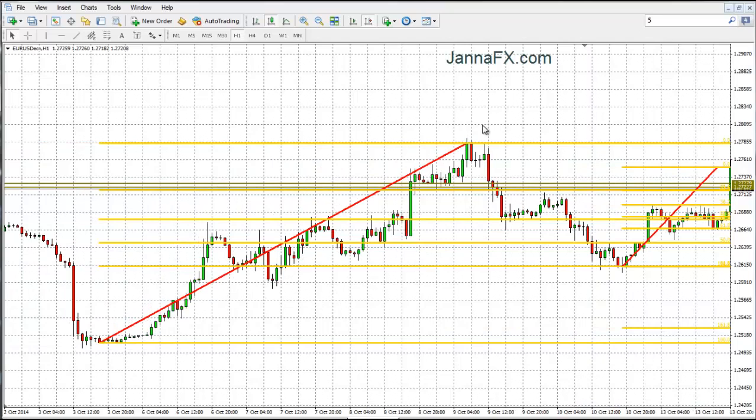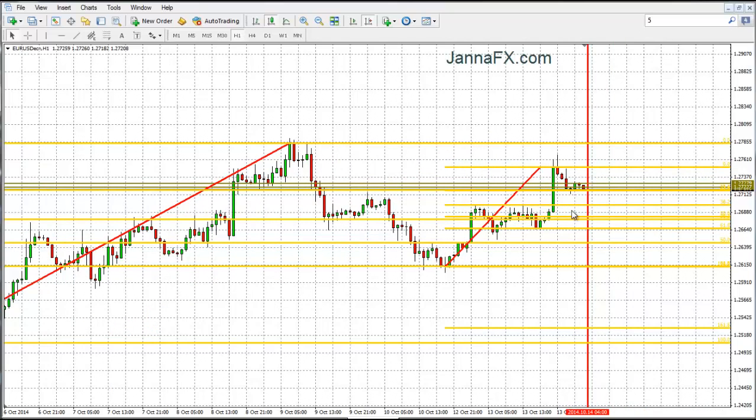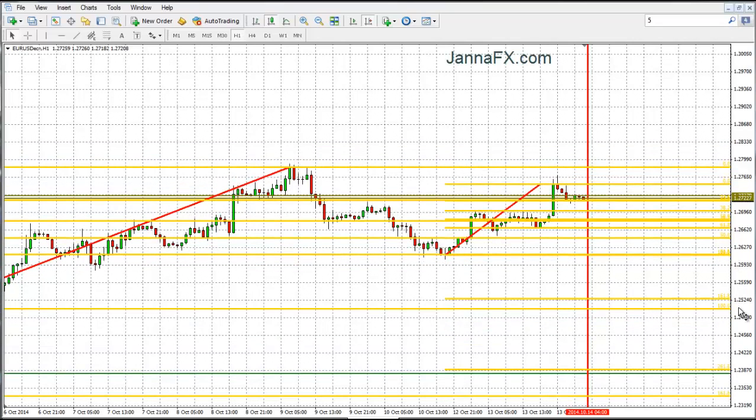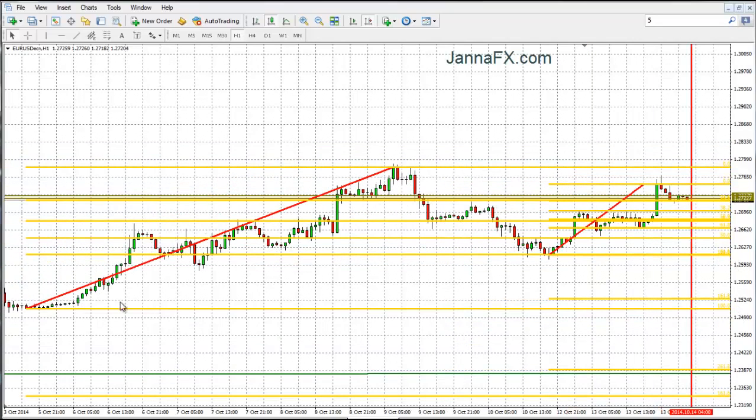You see, I didn't remove these lines because, as I said, if the market goes down even more trying to break that one, it would be useful to also use the lines of that trend until it breaks that level 100.